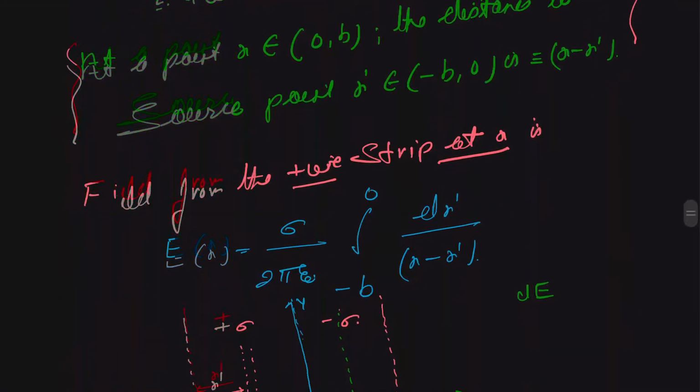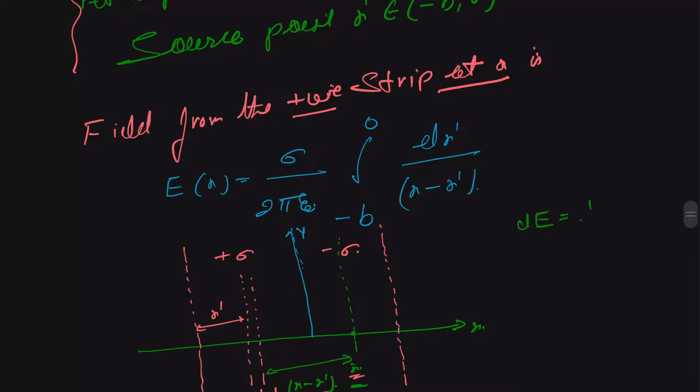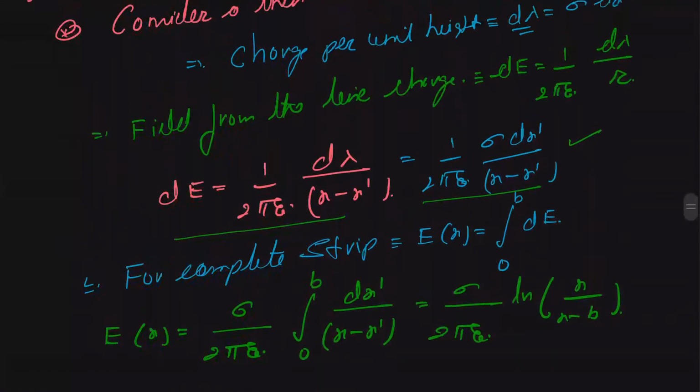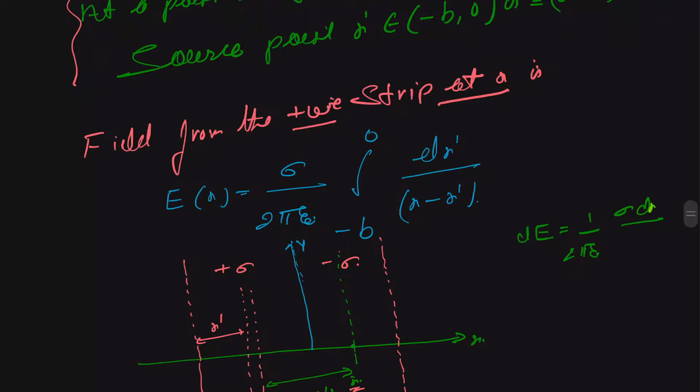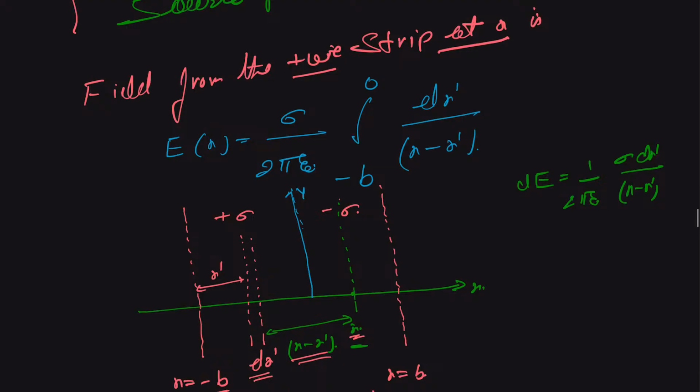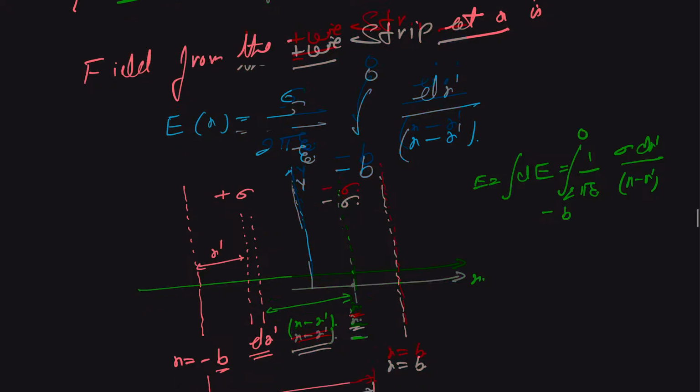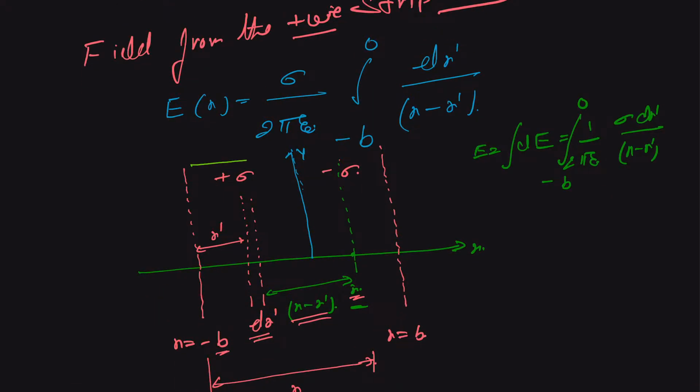Let me write it here: this will be equal to 1 upon 2 pi epsilon naught, our charge density sigma dx prime, over the distance between them, and our total electric field will be the integration of this. The integration will be from minus b to 0 because our strip is varying from minus b to 0.